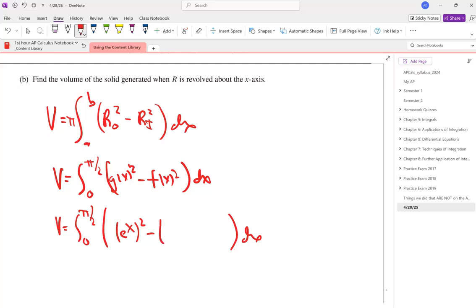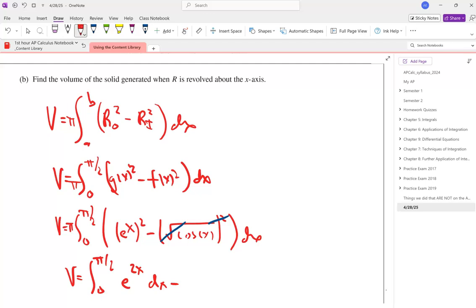I was like, that's going to give me a negative value. I started seeing it. That's not right. There we go. Now I'm going to simplify this before I get started integrating, because I know the squared is going to cancel out the square root. And e to the x squared, I can just write e to the 2x. And I'm really going to think about the, oops, still have my pi.